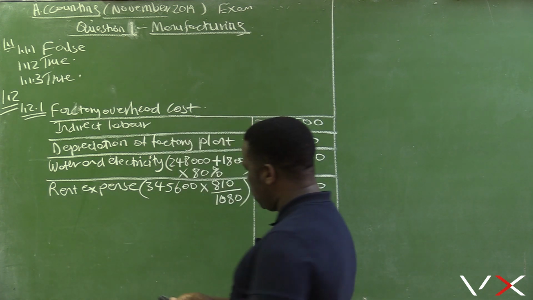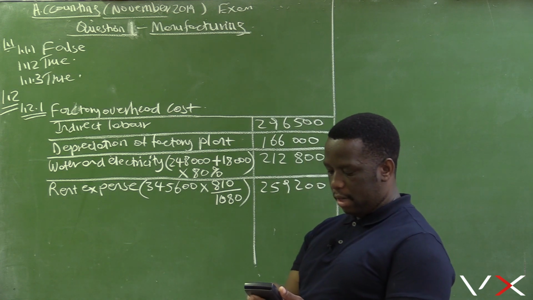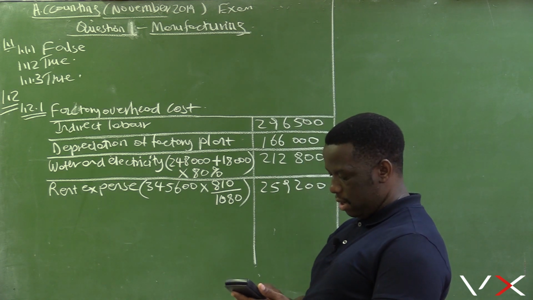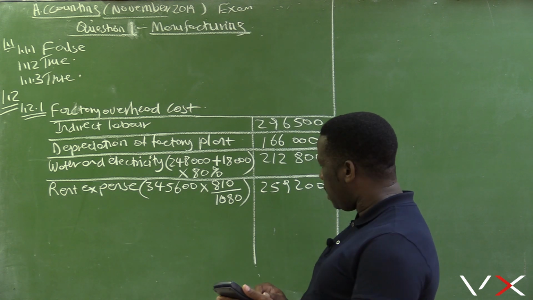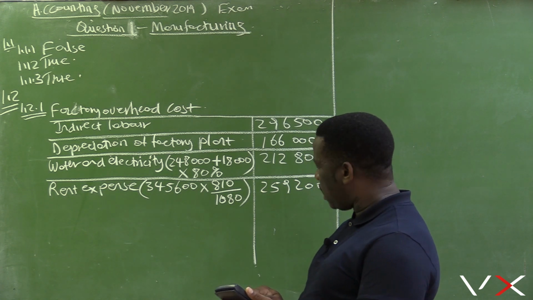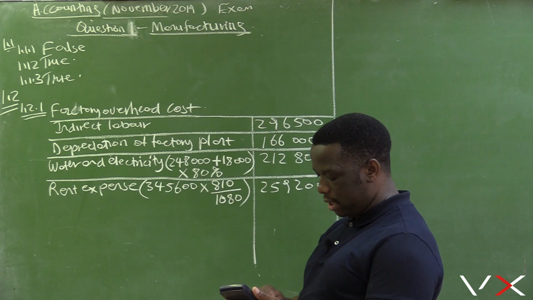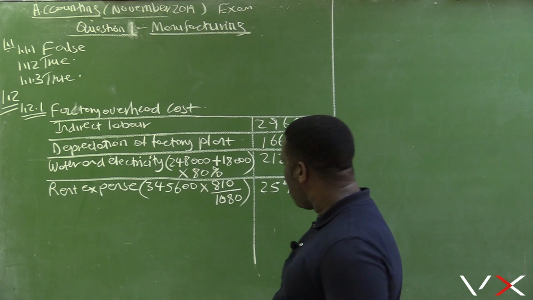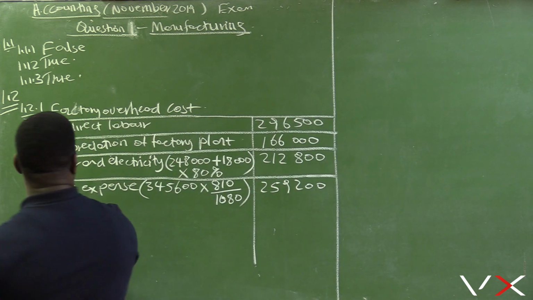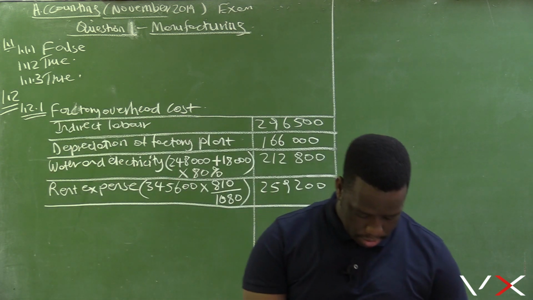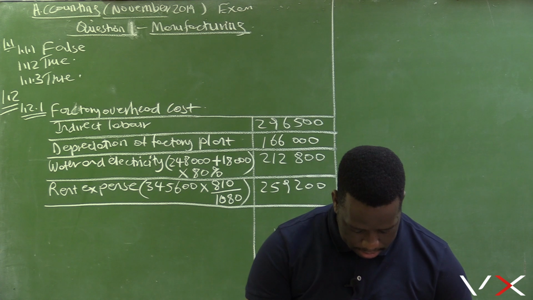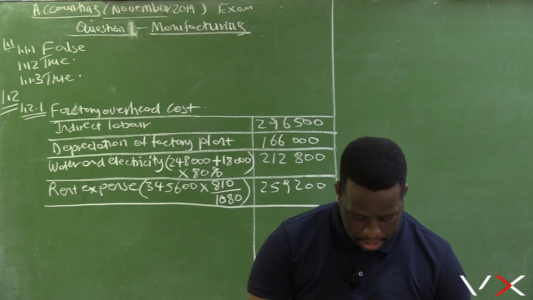We need to be accurate with our calculations, so please make sure you are also doing it on your side. That is for rent expense. Right, the following expense is insurance allocated to sales department.